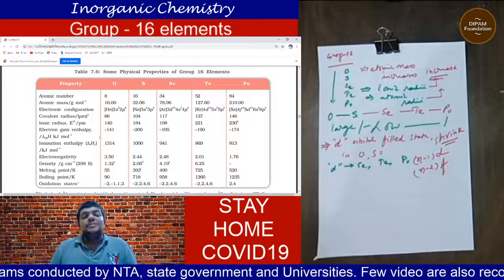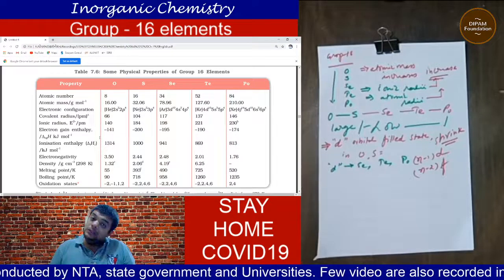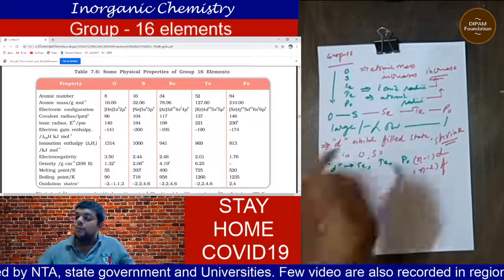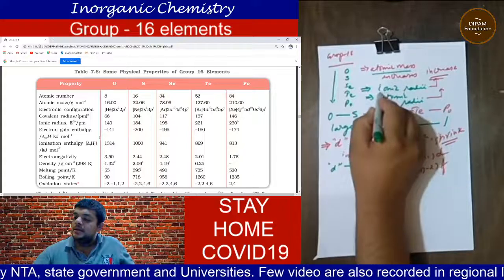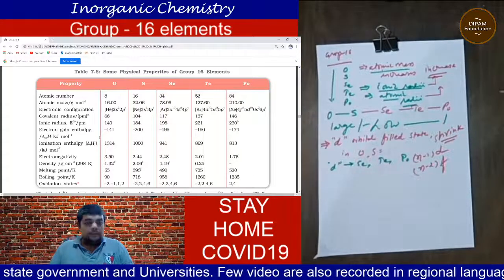Mind well, I am speaking the word difference in the radii decreases, although atomic and ionic radii increase down the group.